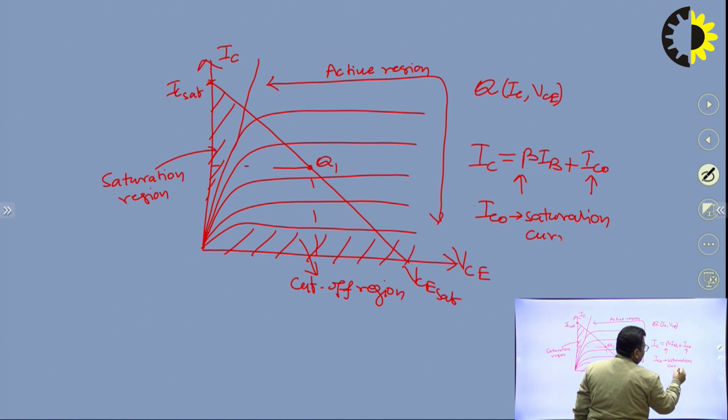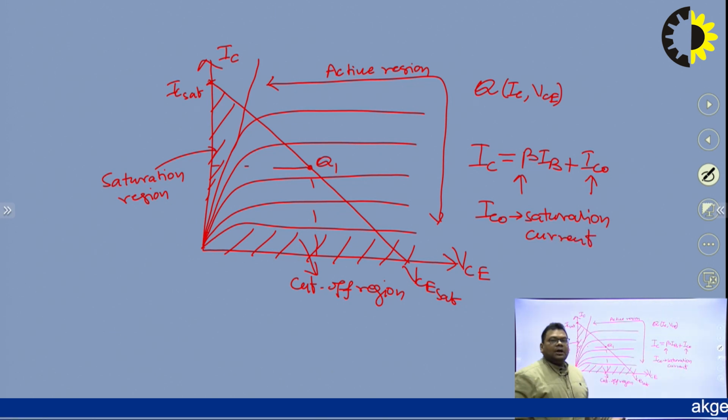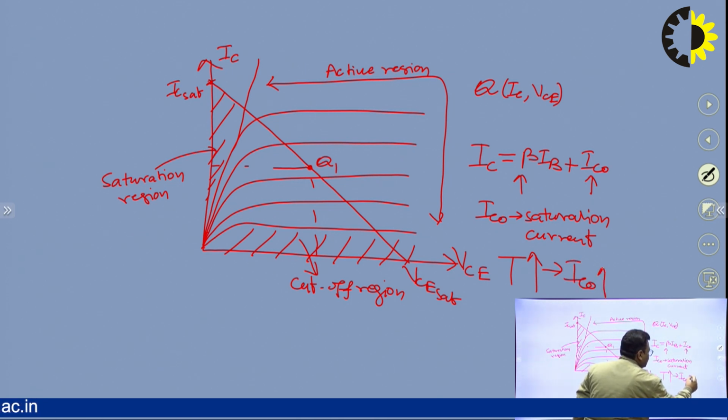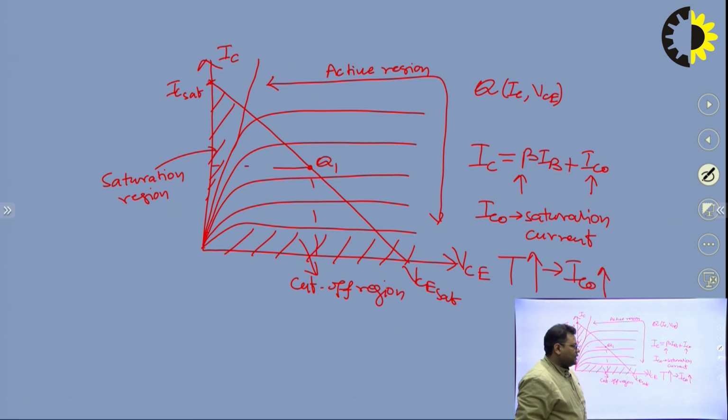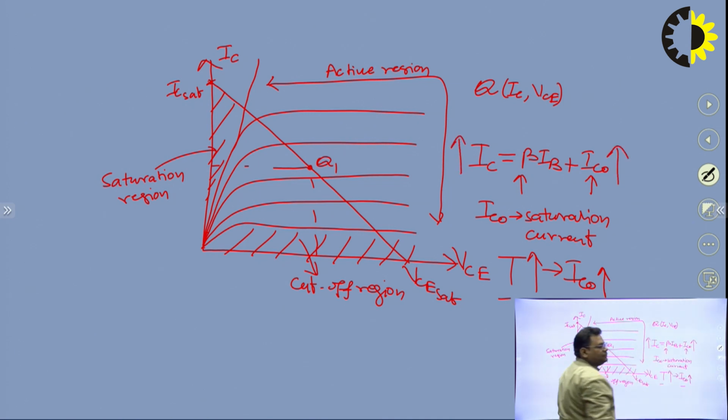We have studied in diode that the saturation current strongly depends on the temperature. It gets double at every 10 degrees C rise in temperature. So when the temperature increases, this ICO will increase, and if ICO is increasing, then IC will increase.